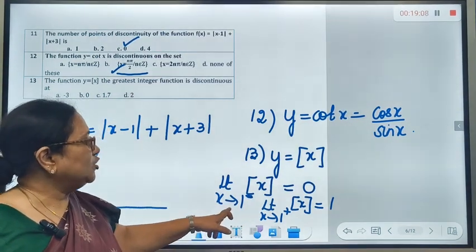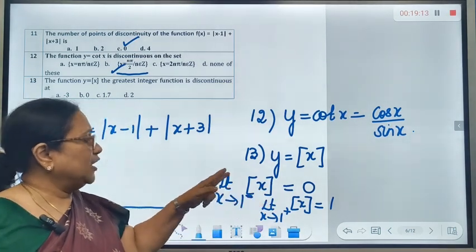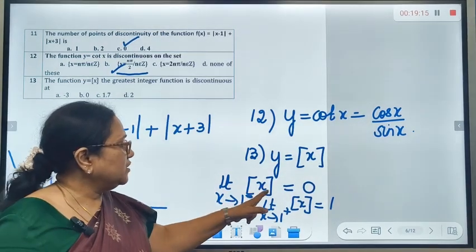Here x will be assuming values to the left of 1, and therefore the value of the greatest integer function will be 0.